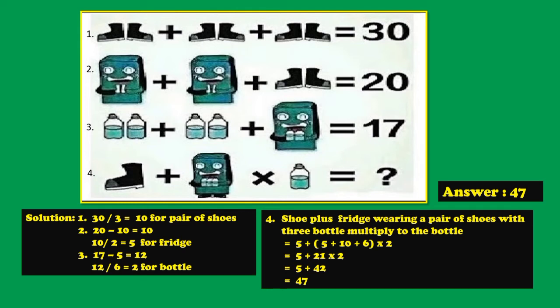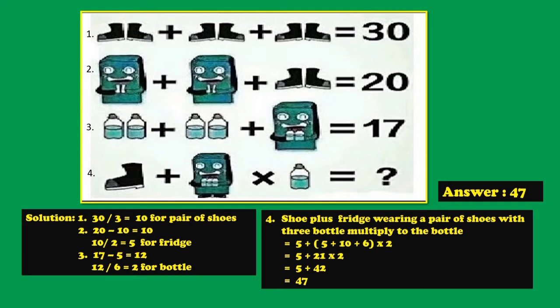Okay, so let's now have number 4, how to deal with the fourth row and the answer. So we have here, as you can see, a shoe added to a fridge holding 3 bottles, with also a pair of shoes, multiplied to a bottle.